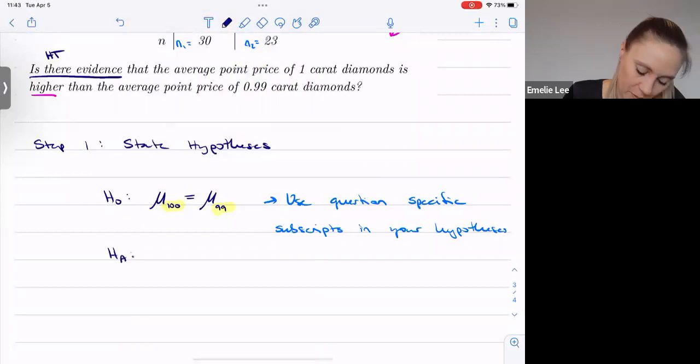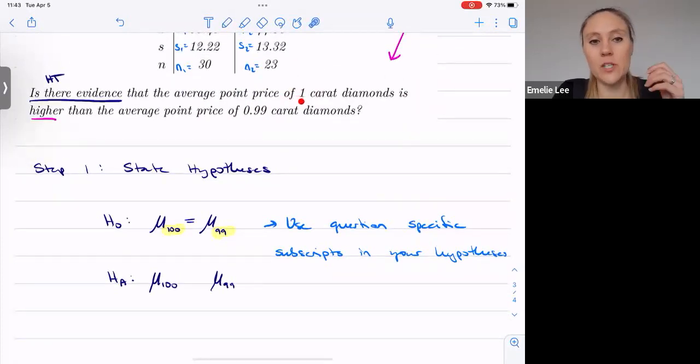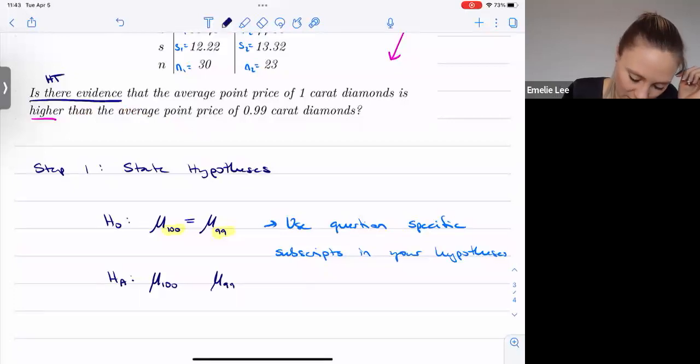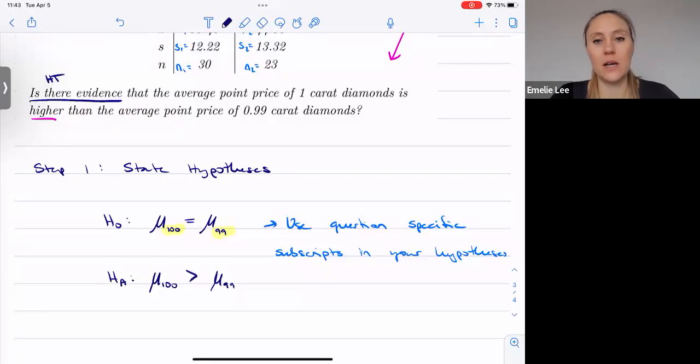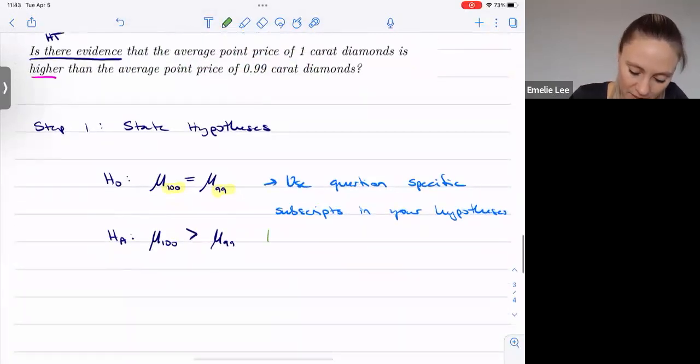My alternative hypothesis is going to be comparing mu100 to mu99, and I want to know if the average point price of 1 carat diamonds is higher than the average point price of 0.99 carat diamonds. So then I need to have mu100 larger than mu99. This is where I make a little note to myself that this is a one-sided test.